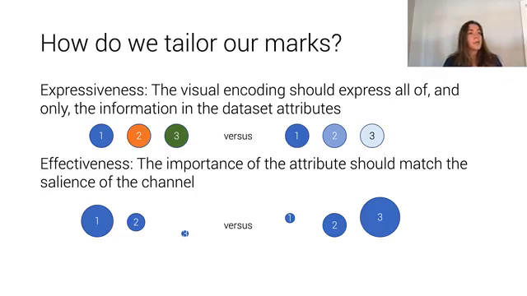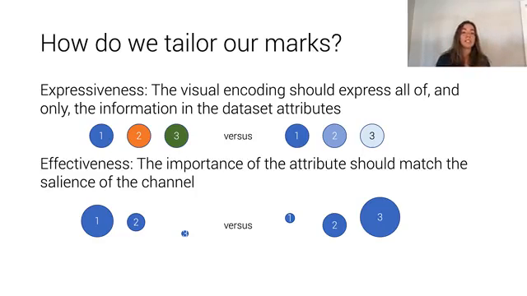When we think about the idea of expressiveness, what this means is that if we have categorical data, we're going to want to map that to visual channels that likewise simply show differences but don't suggest a magnitude between those differences.